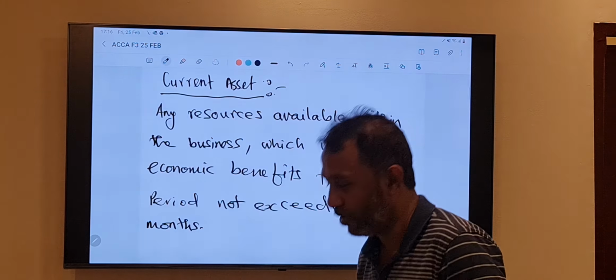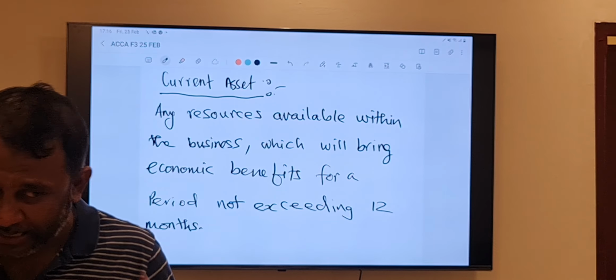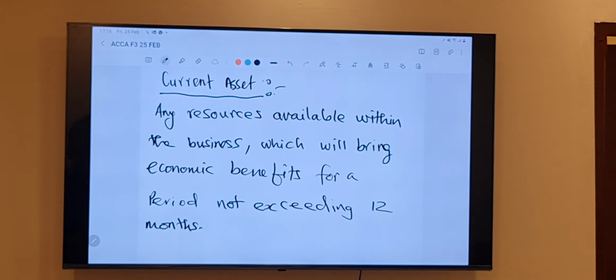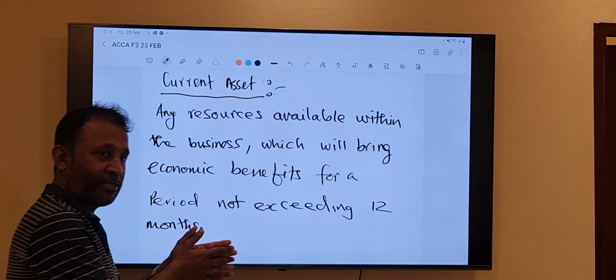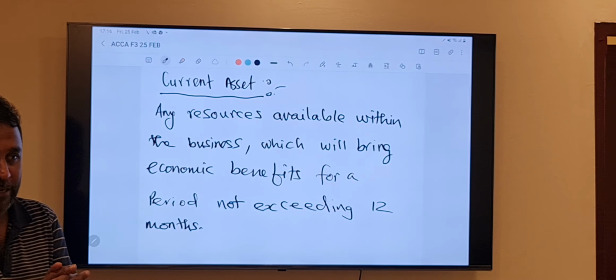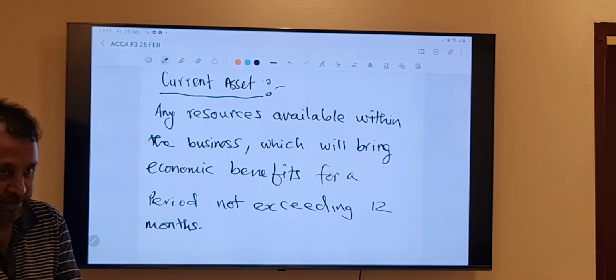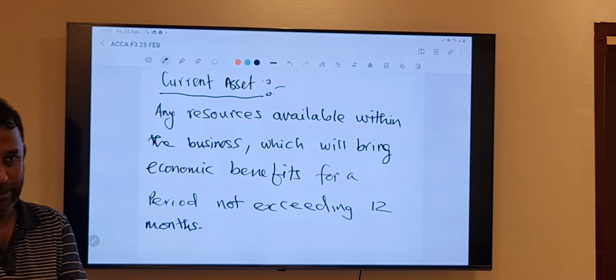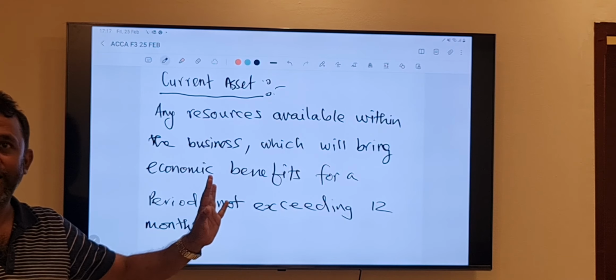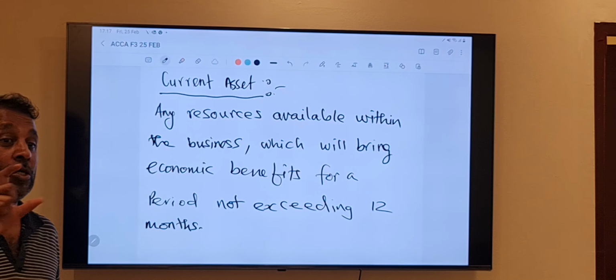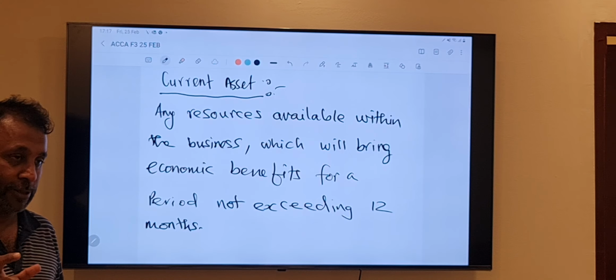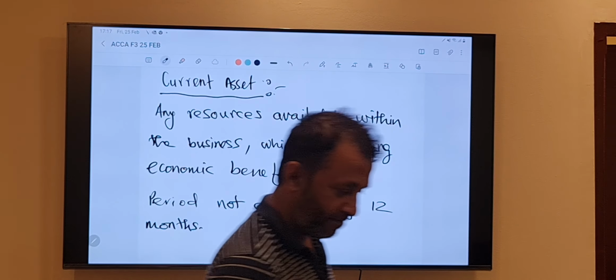So now we have to reflect and understand. Now try to bring examples for this. Cash in hand, cash at bank, inventory, receivables, prepayments. Sometimes you can also have short-term deposit, short-term investment. So can you write down examples?